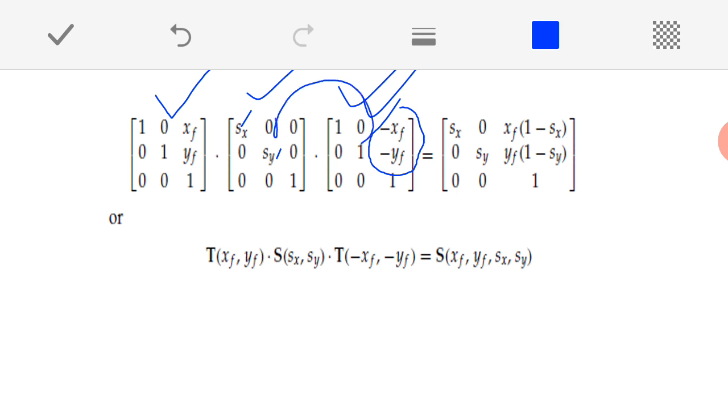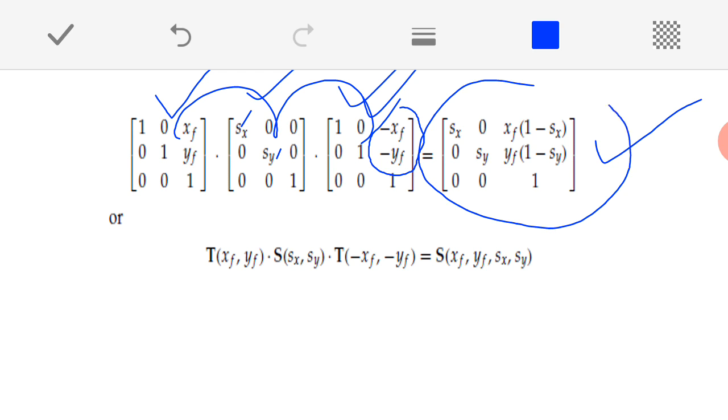So, when you multiply all these 3 matrices, I am going to get a resultant matrix. This matrix is always used for what? Scaling about a fixed point. Now, directly you can use this matrix whenever you want to perform scaling about a fixed point which is other than the origin.